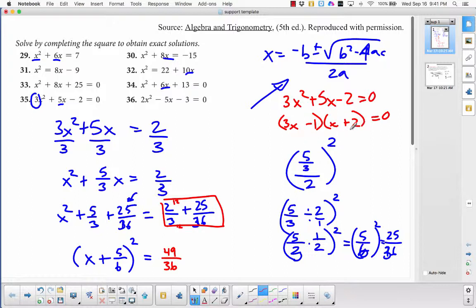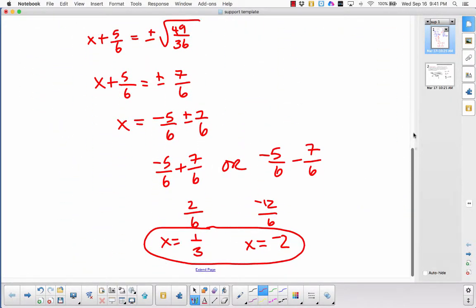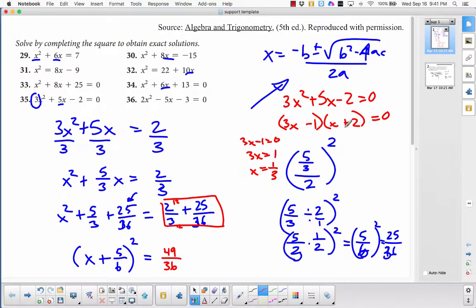If you FOIL that out, I think it gives you this. So this one here would be 3x minus 1 equals 0. So 3x equals 1 and x equals a third. Same. And then on the other one, x equals minus 2, same as what we had down below.